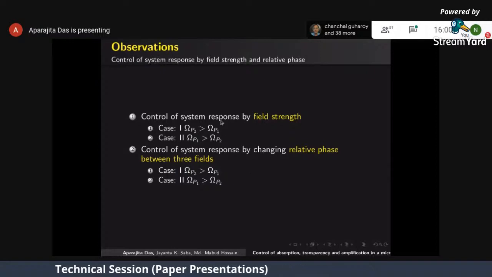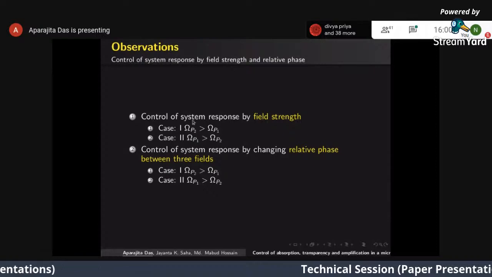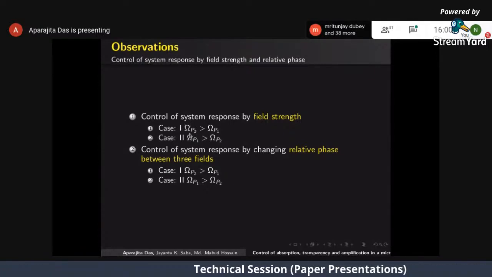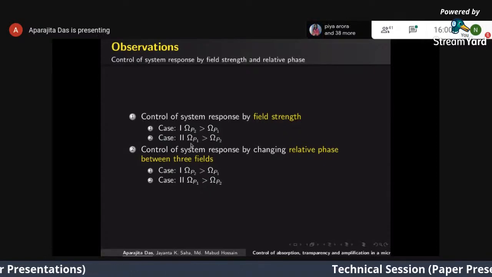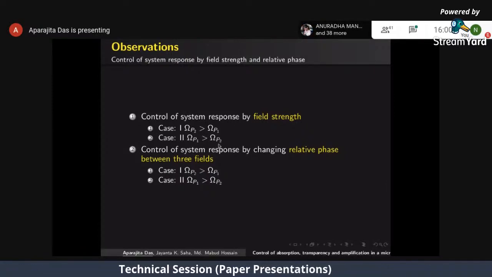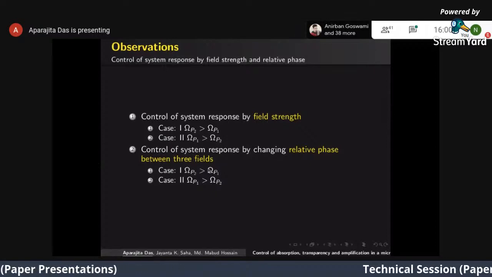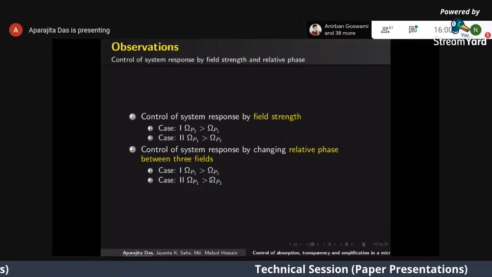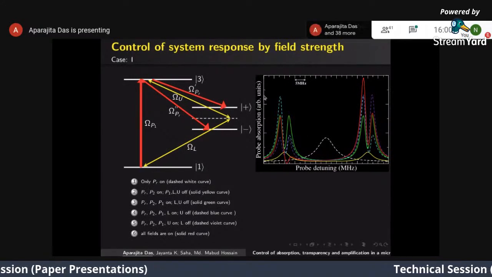And for both the cases, we have also considered two separate cases: in the first case, the second pump is stronger than the first one, and the latter one is when the first pump is stronger than the second pump. Similarly, to see the effect of relative phase, we have also considered these two cases.